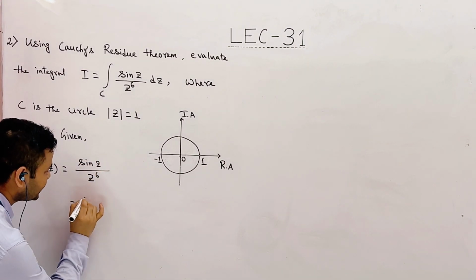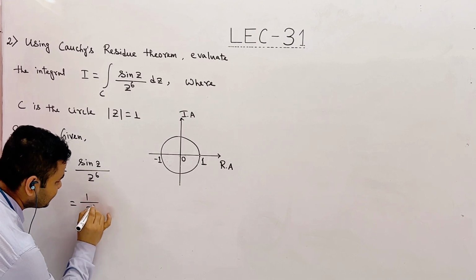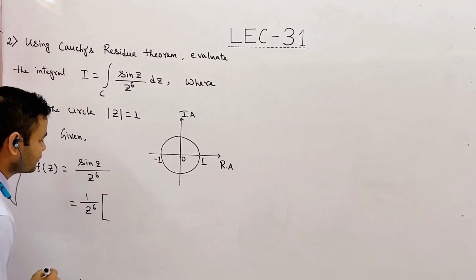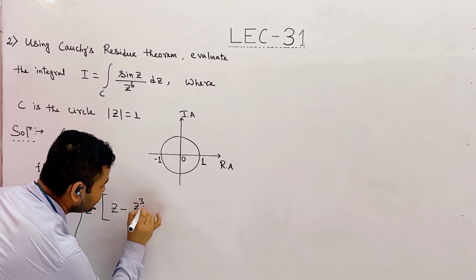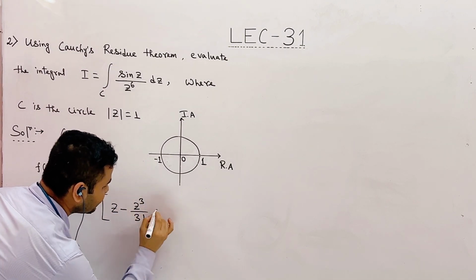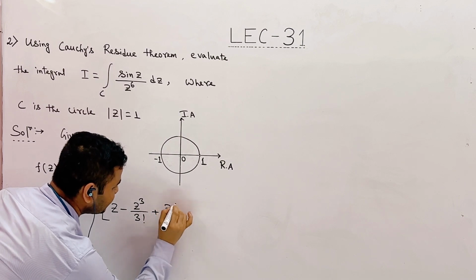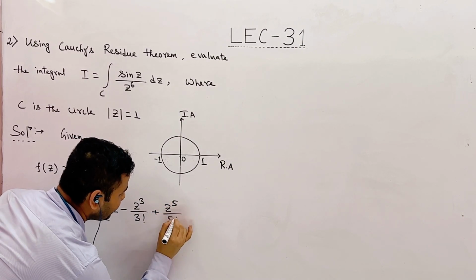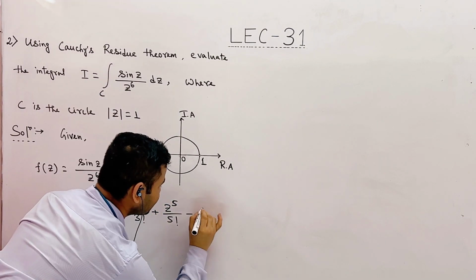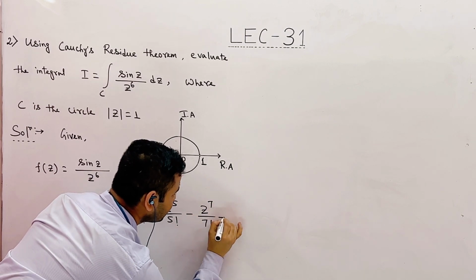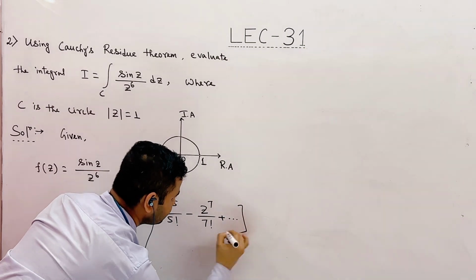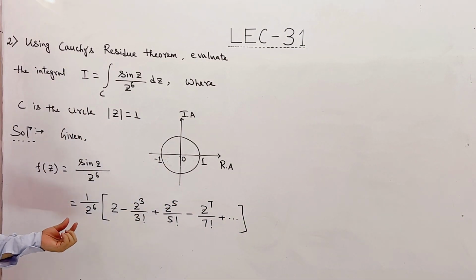So, finally, we will get 1 by z to the power 6 into z minus z cube divided by 3 factorial plus z to the power 5 by 5 factorial minus z to the power 7 by 7 factorial plus dot dot dot.